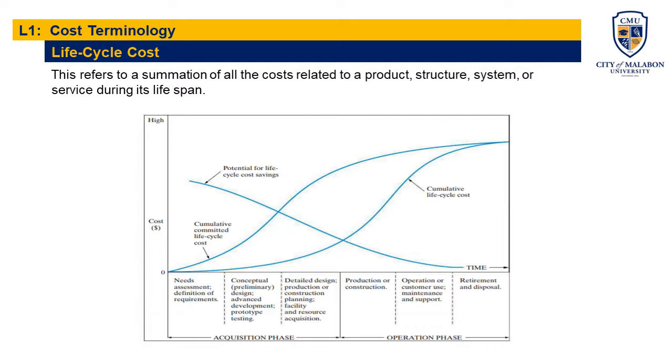The priorities for engineering economy studies during the operation phase are first, achieving efficient and effective support to operations. Second, determining whether and when replacement of assets should occur. Third, projecting the timing of retirement and disposal activities. So that's another terminology, life cycle costs.